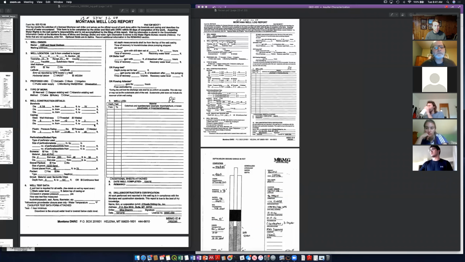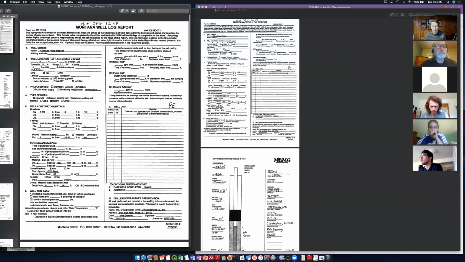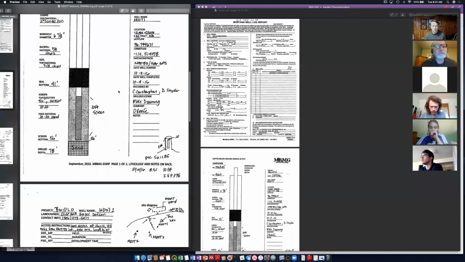But this flow information is often contained in well test data. So there's aquifer test data or Baylor test or pump test. A bunch of different ways they get some information on the flow. We're going to look at what those all mean here in just a second.